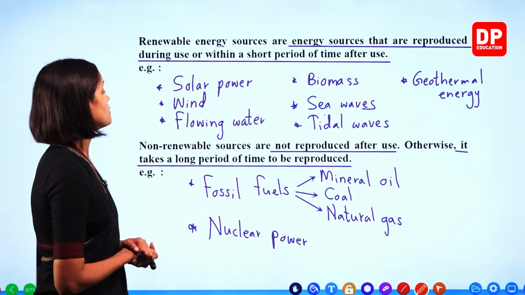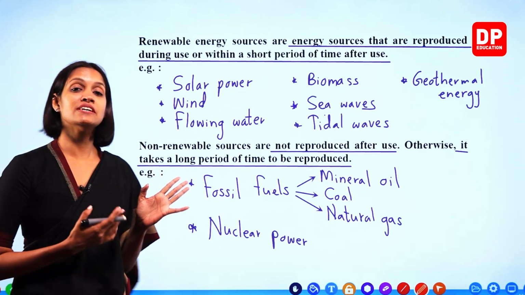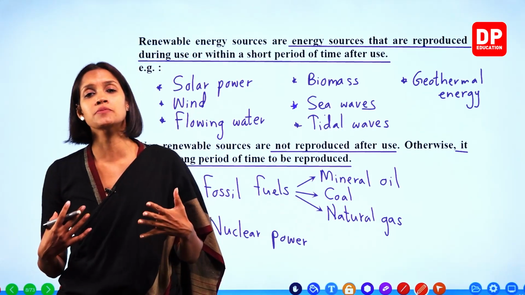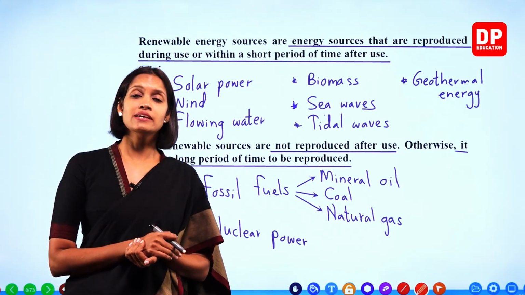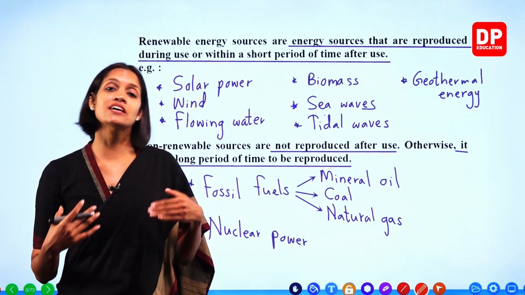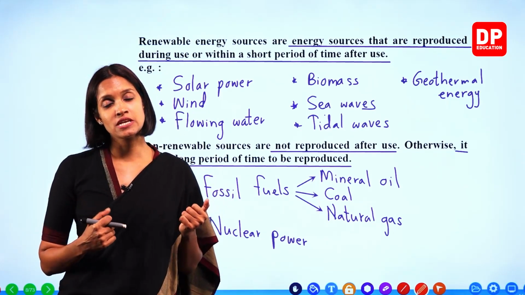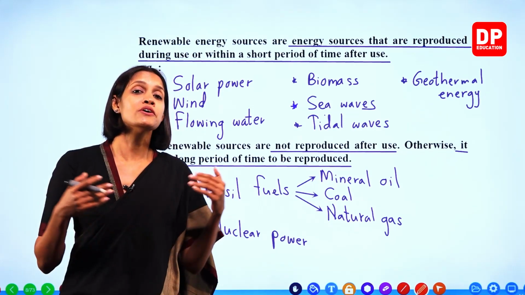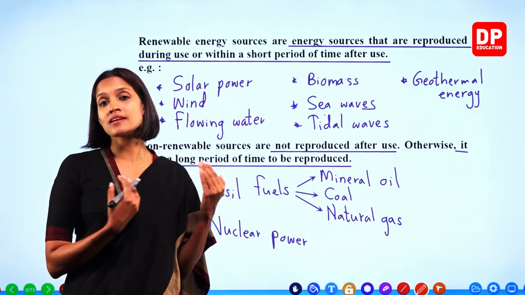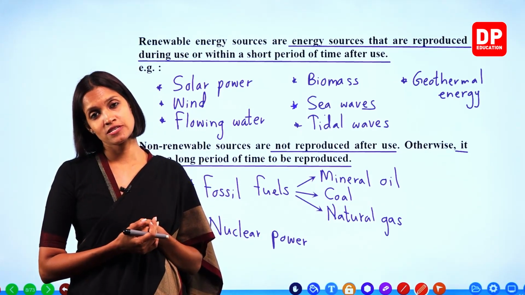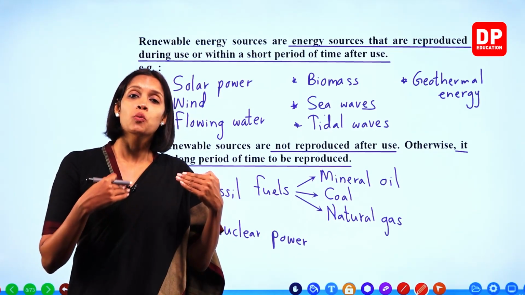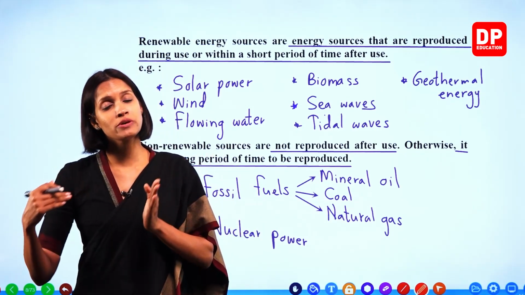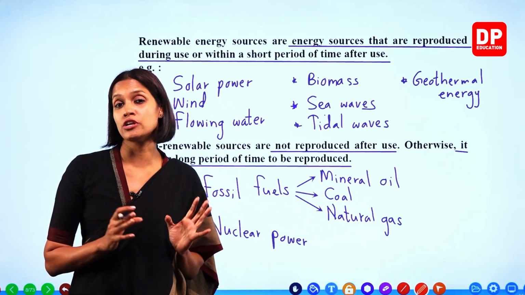Okay. So we learned that when we consider different types of energy sources, we need different types of energy to do work. The places or the things that provide energy are called energy sources. Depending on the time taken to reproduce these energy sources, there are two types, renewable and non-renewable energy sources. Renewable energy sources are reproduced within a short period after using them.